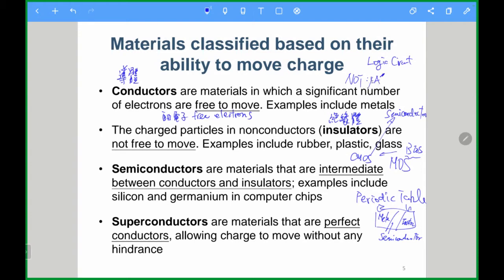If the input is 1, the output is 0; if the input is 0, the output is 1. And the AND gate: if both inputs are 1, the output is 1; if one of them is 1 or none of them is 1, then A and B will be 0. There are also the OR gate and other logic gates. You can use CMOS logic to build that kind of logic circuit.